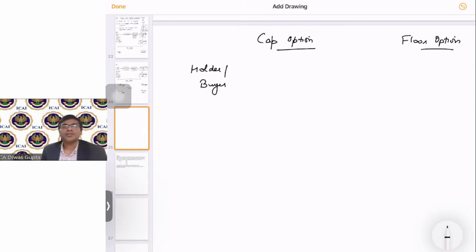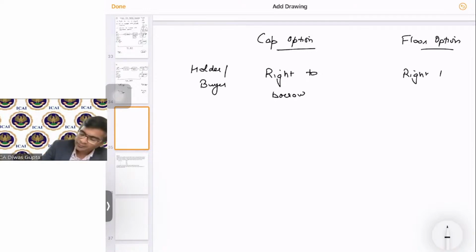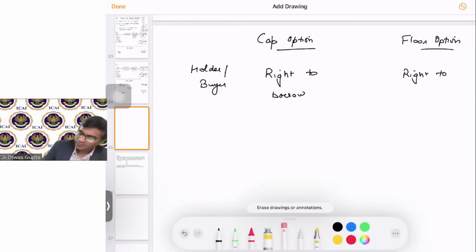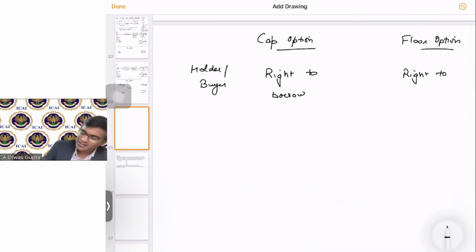So the buyer of a cap option has a right to borrow. The holder or the buyer of a floor option has a right to sell. Not right to sell, but right to invest. Right to sell is in the put option, correct? In derivatives. So this is the right to invest.